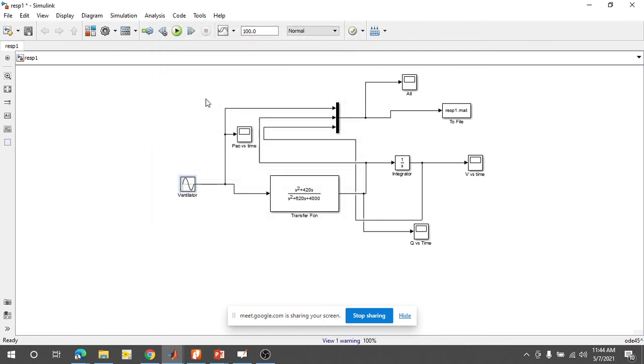Again I'll run the simulation. Whatever data we are getting, we are trying to save it into a mat file.